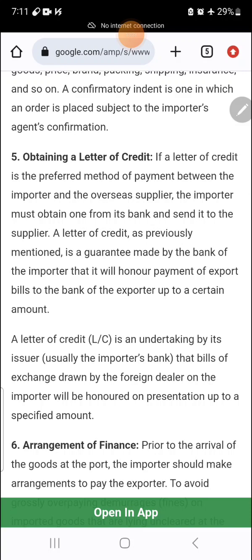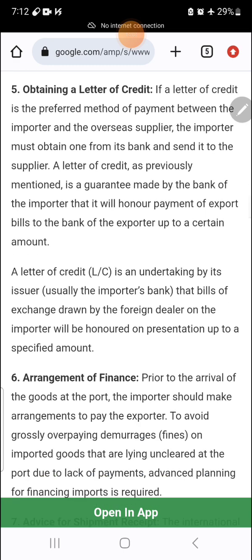5. Obtaining a letter of credit. If a letter of credit is the preferred method of payment between the importer and overseas supplier, the importer must obtain one from its bank and send it to the supplier. A letter of credit is a guarantee made by the bank of the importer that it will honor payment of export bills to the bank of the exporter up to a certain amount.